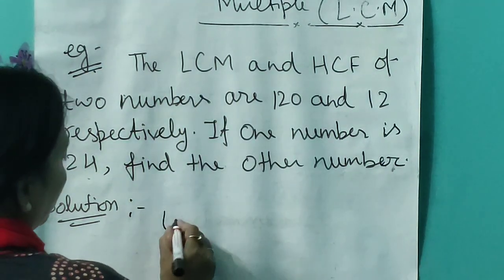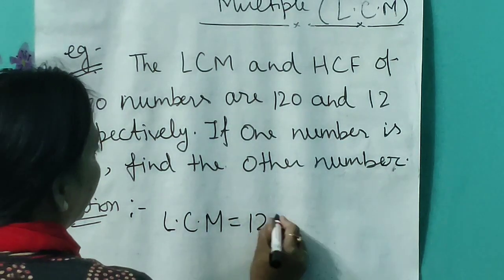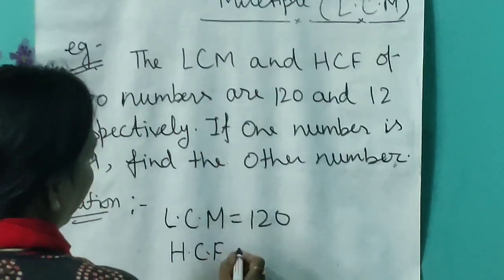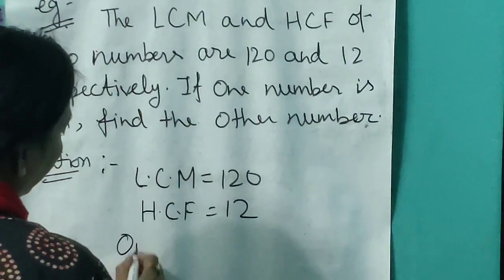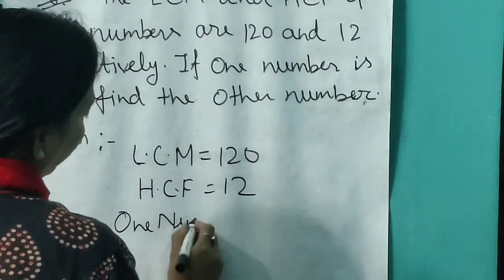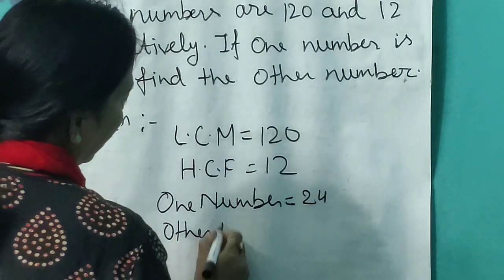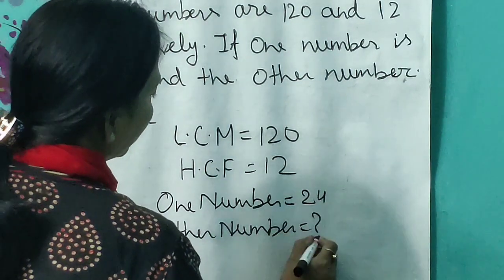LCM is equal to 120, HCF is equal to 12. One number, that is first number, is given, one number is equal to 24, and we have to find the other number. Other number you have to find, so you put a question mark here.